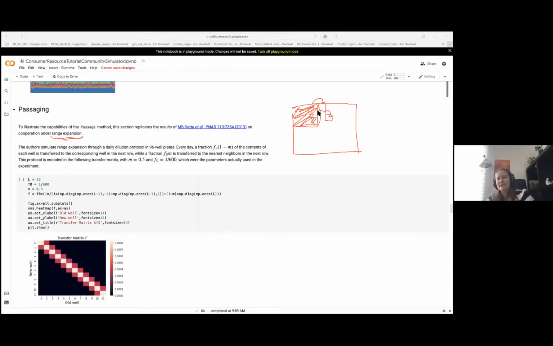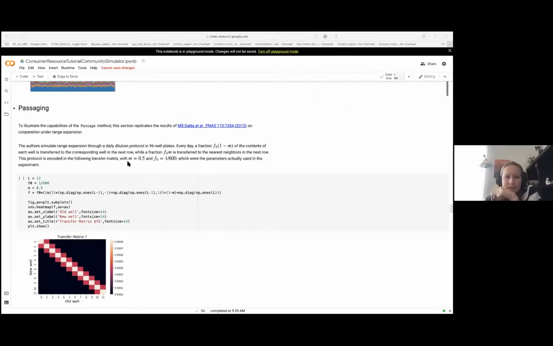And then you can see that actually in these border cells, what happens is that you first have establishment of this primary degrader, and only in the next generation, other species will be able to come in and jump onto its byproducts.